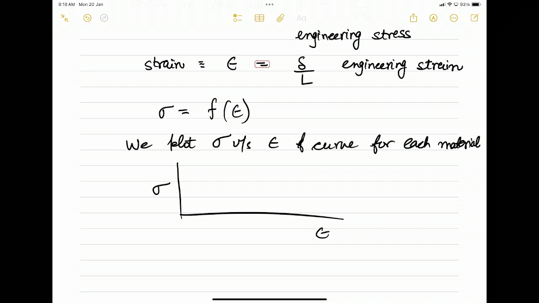Through fixtures, it is tied at two ends, and then a tensile load is applied. You have done that in material science. As the load is applied, you also see how much the length changes, and you record that, and you get a graph of sigma versus epsilon. Okay.